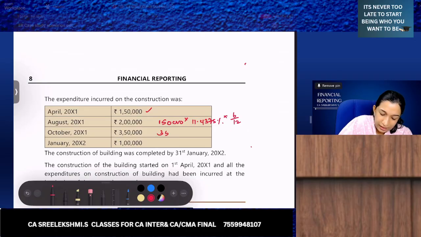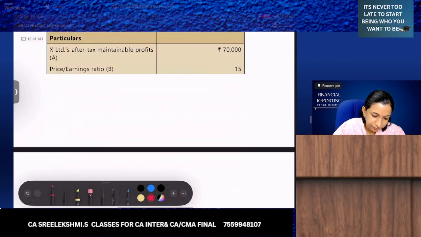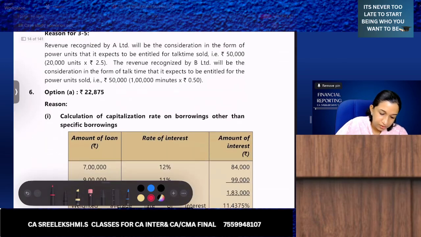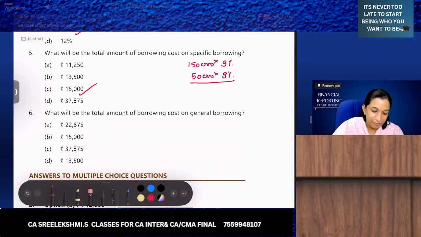So again, 3,50,000 into 11.4375 percentage into October, November, December, January, 4 by 12. Then 1 lakh into 11.4375 percentage into just 1 by 12. So it is coming to 22,875. Okay.